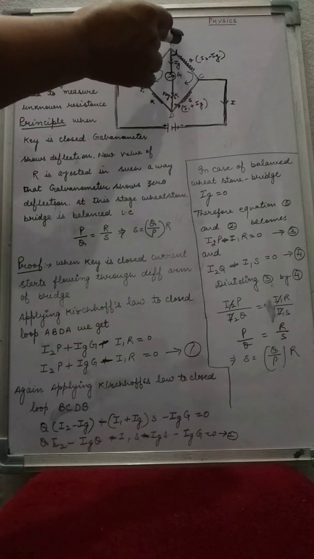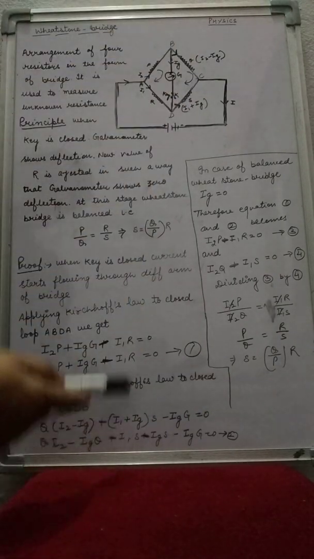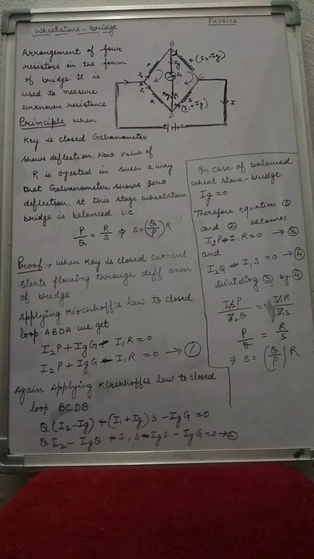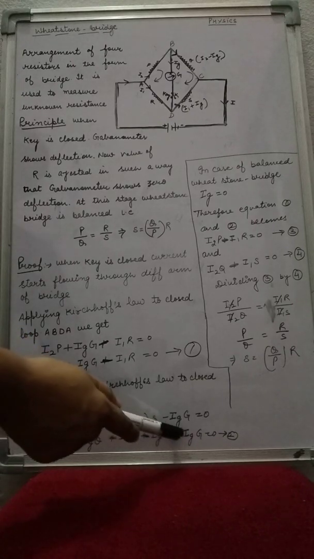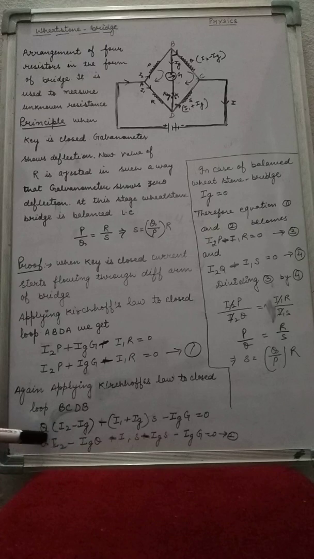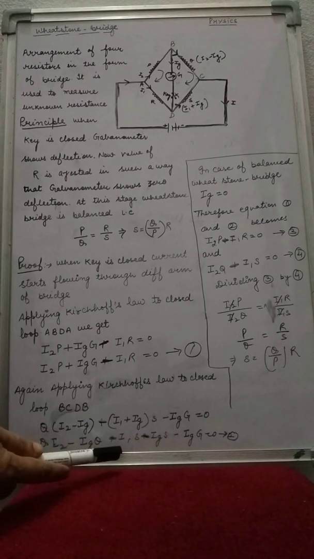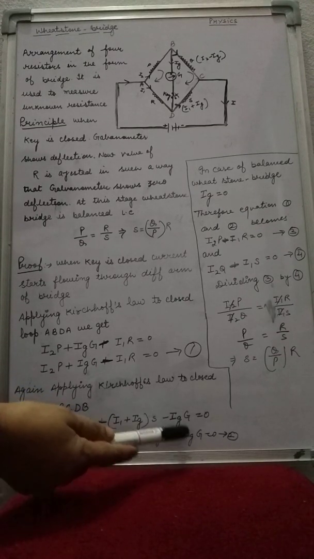We started from here in the positive direction, then negative, and again negative. So minus I1 plus IG into S, minus IG G is equal to 0. Multiplying and solving, I2Q minus IGQ minus I1S minus IGS minus IGG is equal to 0.